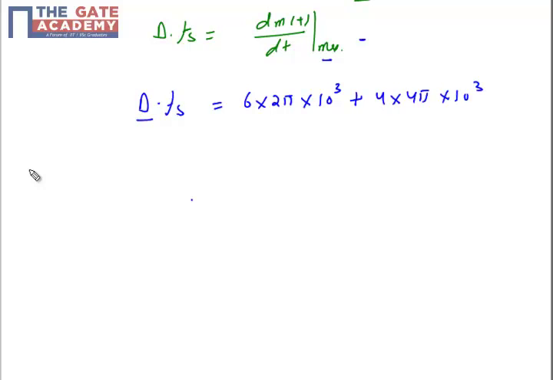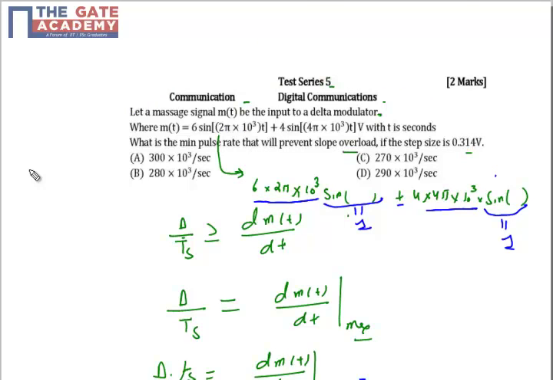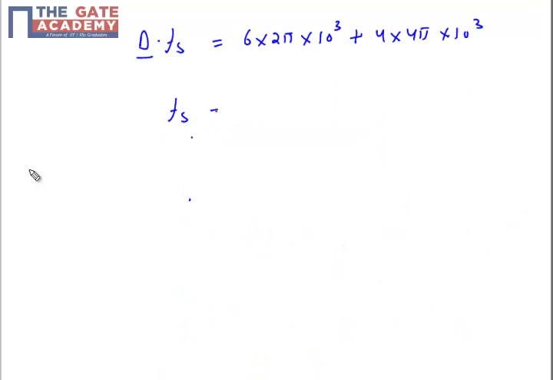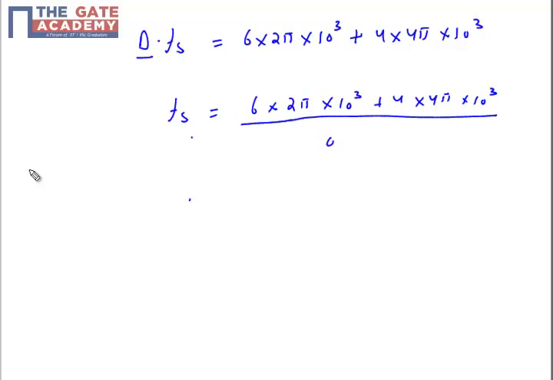Delta is the step size, which is given to us as 0.314. Let's put the value of the step size and divide the expression by it. Then the sampling frequency fs is equal to 28×10^4 hertz, or you can say 280 kilohertz.